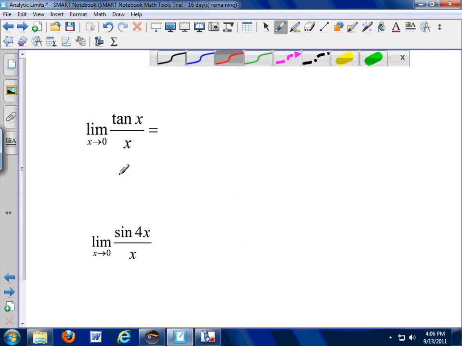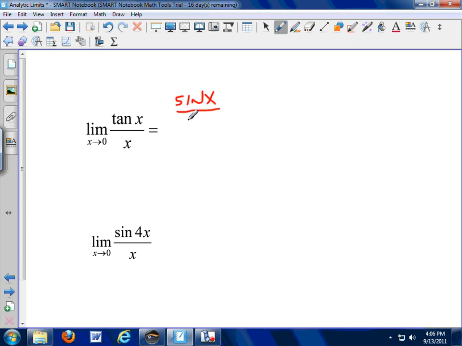There they are. So we're going to use those to figure out what the limit as x approaches 0 of tan x over x is. What's tangent? Sine of x over the cosine of x, and all of that is over x. So remember, this little x is like x over 1.